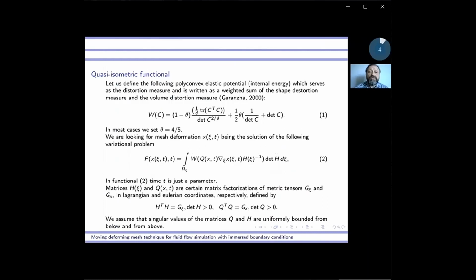In order to compute mesh deformation, we use stored energy based on the sum of shape distortion and volumetric distortion. It builds a mapping between the manifolds with metric, and metric tensor Gx defines the mesh movement.